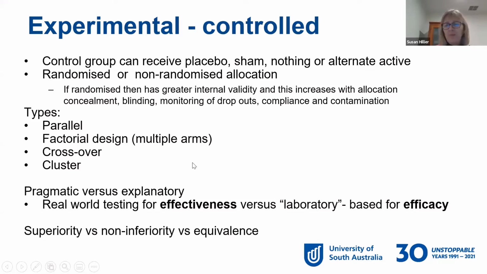Now, my main point here is if the control group is receiving usual care, it's really important that the usual care is as well characterised and understood in terms of dosage, the components of the intervention, the duration, the experience, so that the reader can understand and make sense of the comparison to the intervention group.